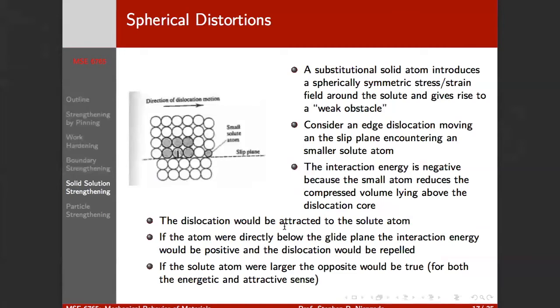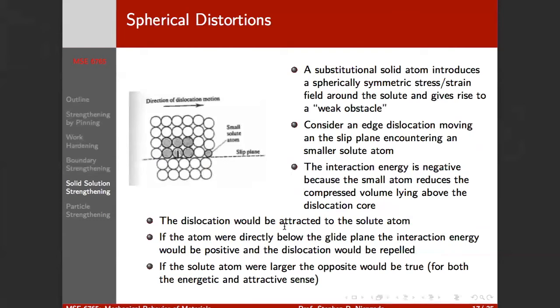So what happens as this small solute comes in contact with the core of this dislocation, in proximity to the solute? Is that a favorable energetic configuration or an unfavorable one? It's favorable, right? It's going to relieve some of that compression.